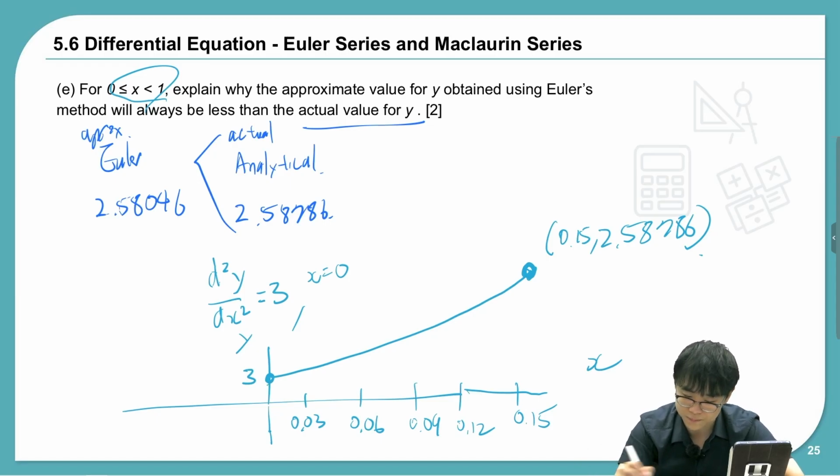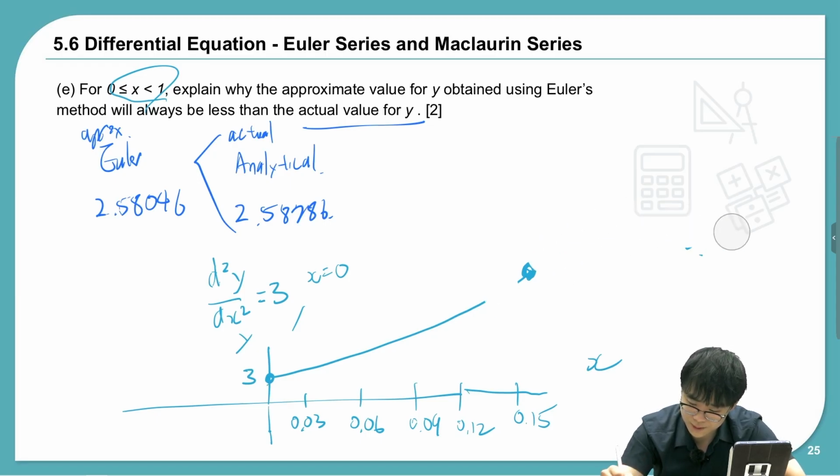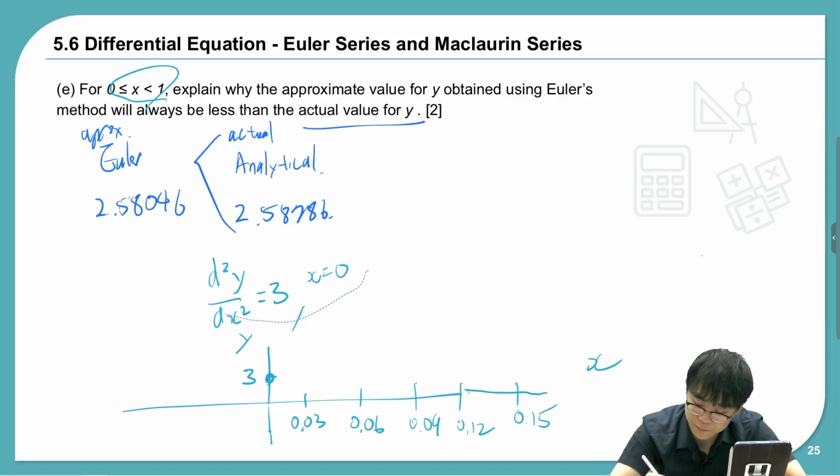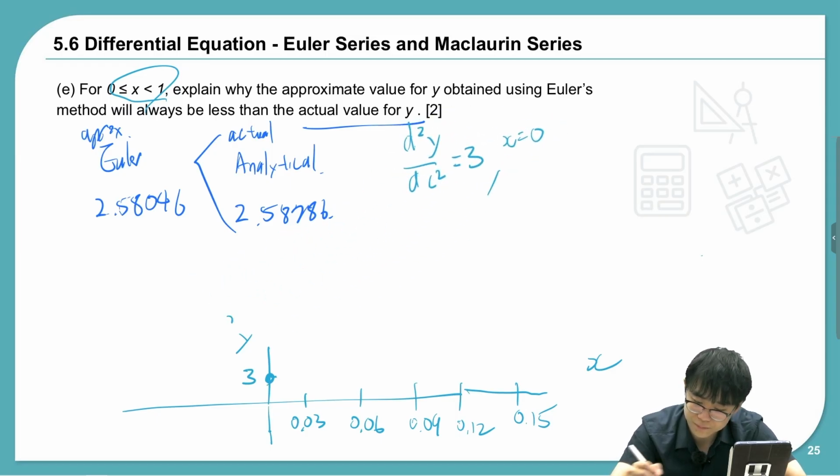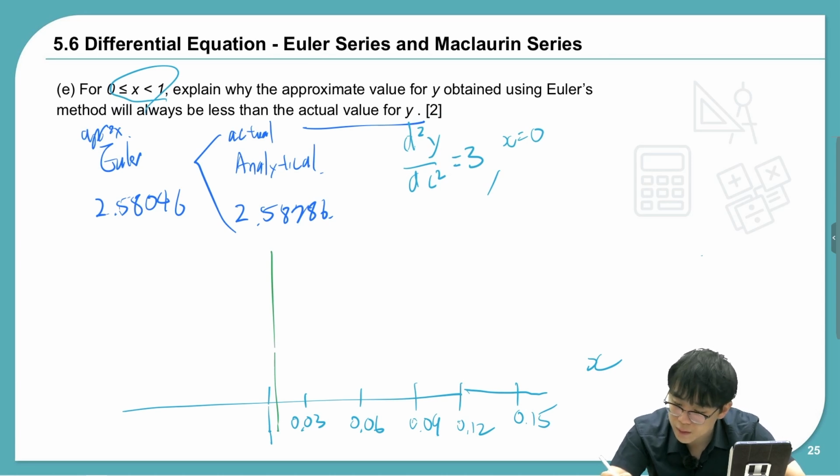Or actually, we start from 3 and we have to go down, actually. So let me just rescale that. So we still have a concave up graph, but we would have to go down a bit. So, oops.